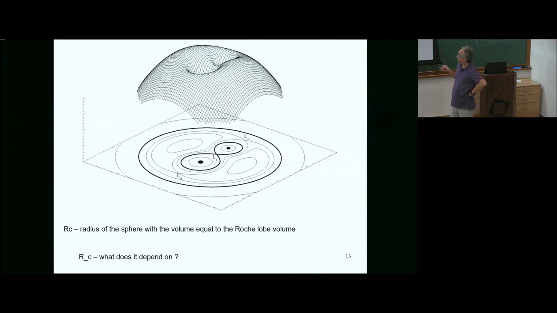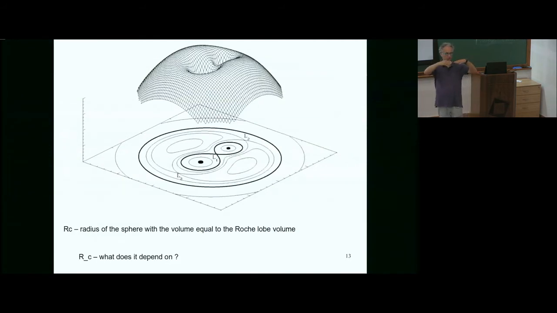And the Roche lobe volume is defined as follows. We have the value of the potential here on the saddle.